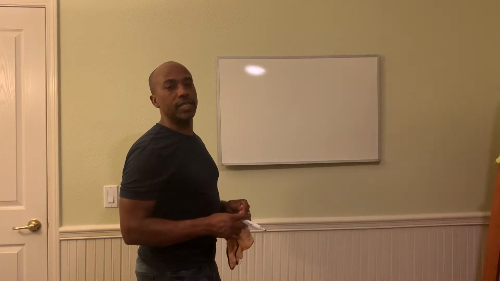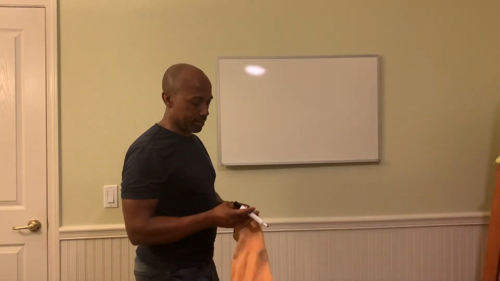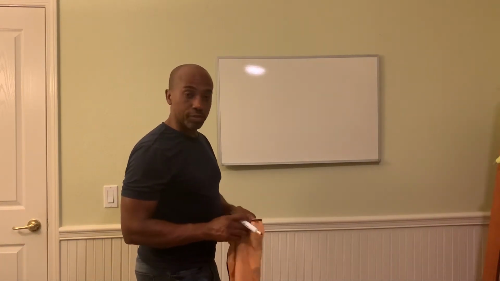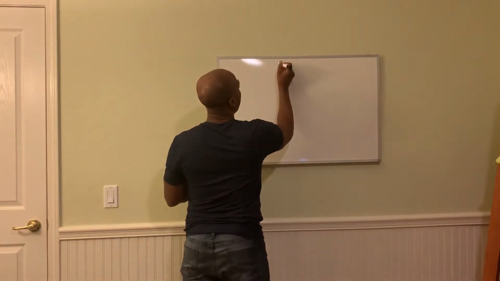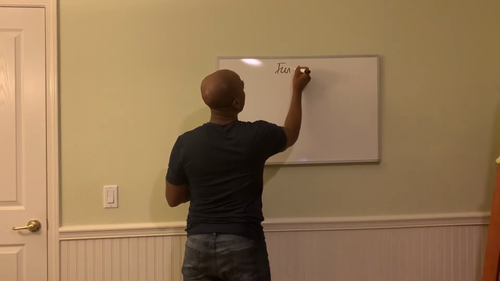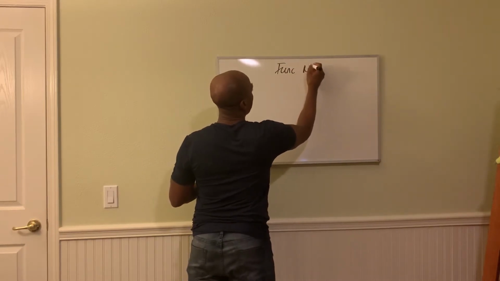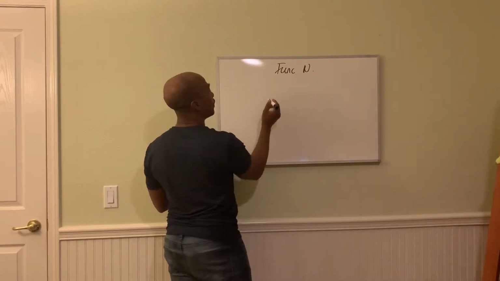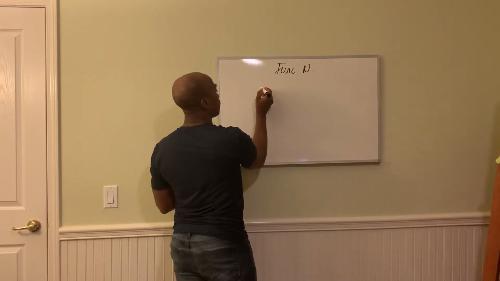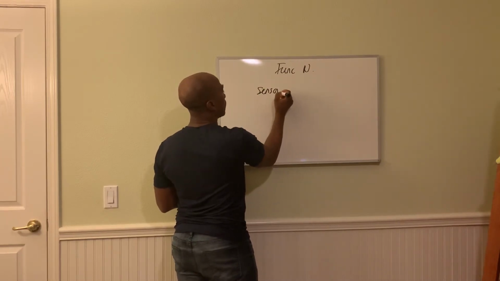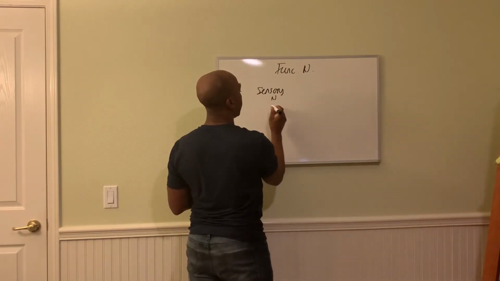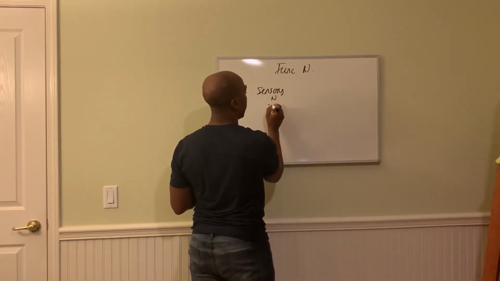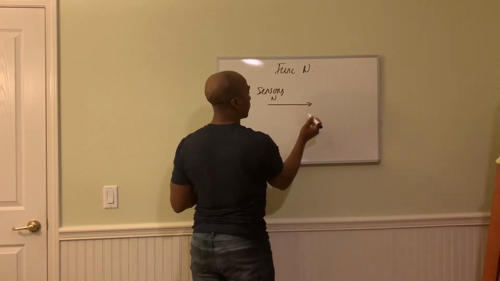Okay, let's continue. So now we're going to look at some functional types of neurons. Okay, so again, functional types of neurons. Sensory neurons are the neurons that bring information into the nervous system.